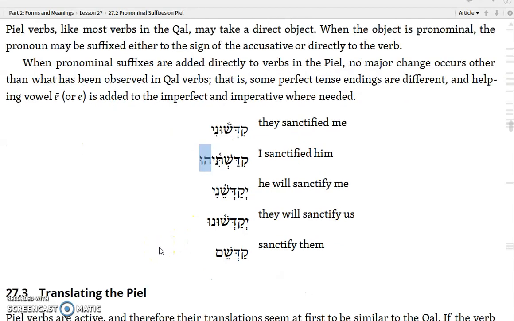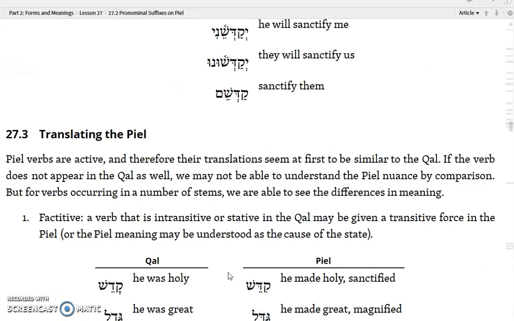And same thing with he will sanctify me. You add an ani at the end of yekadesh. The sere reduces to shva, but otherwise it looks like the imperfect before you added the suffix. They will sanctify us, same sort of thing, with the nu added to the end, and sanctify them in imperatival form, kaddashem, again, is pretty much as expected.